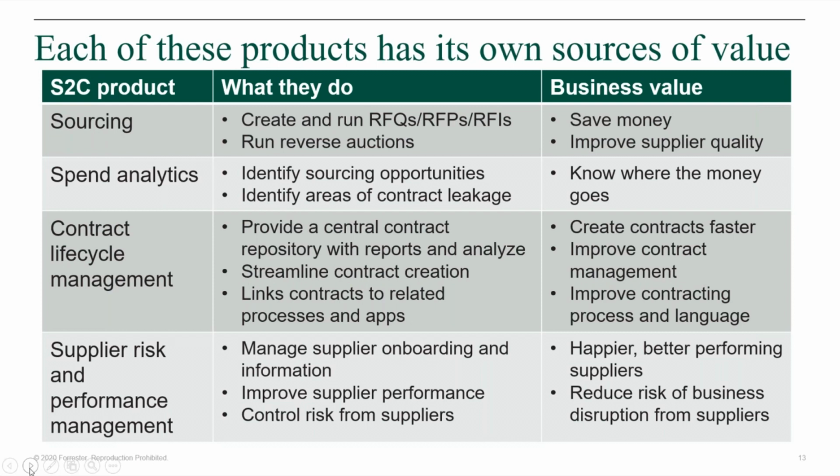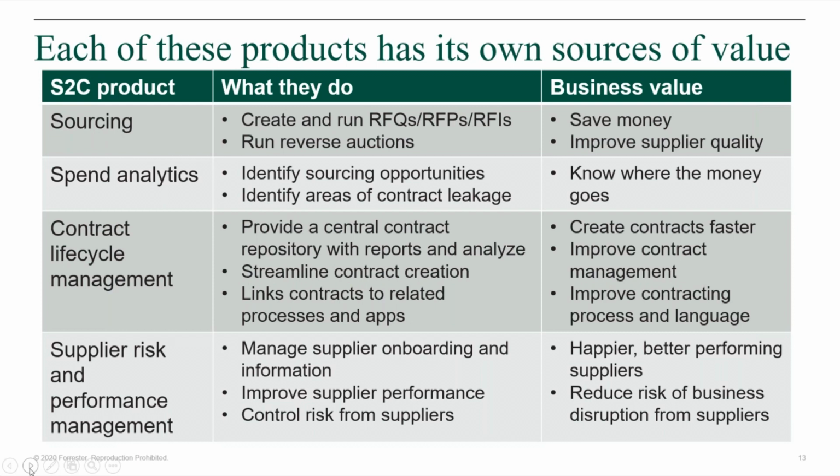When an invoice comes in, the invoice information is matched against the contract. And these are the business values of creating contracts faster, improving overall contract management, and over time, improving your contracting process and your contract language to get better business results.